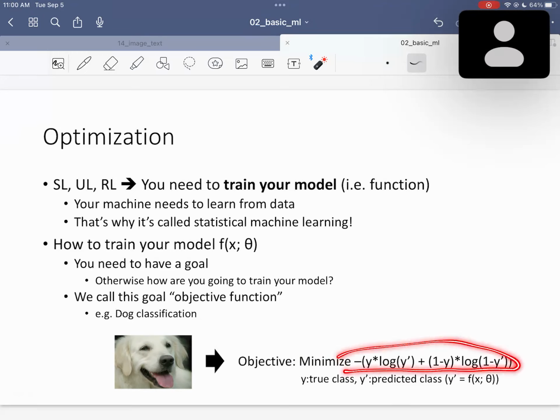So we'll talk about the meaning of this formulation next week when we talk about logistic regression and MLP and all that. So basically, you have y and y prime. There are two classes. So when y is 1, when y is dog, then this term survives. When y is 0, when it's a no dog, then this term survives. And that's how it works.